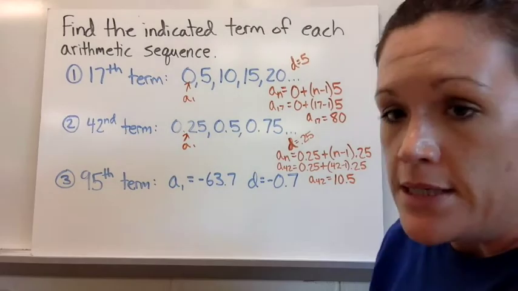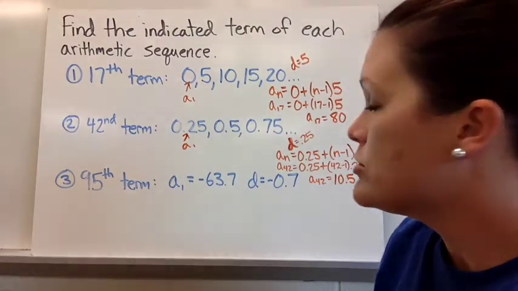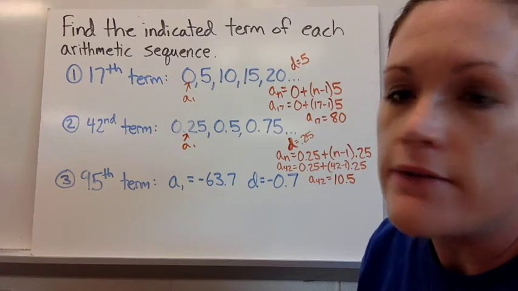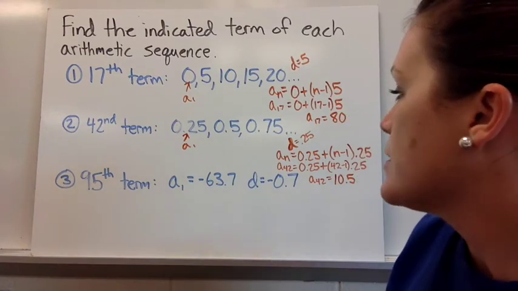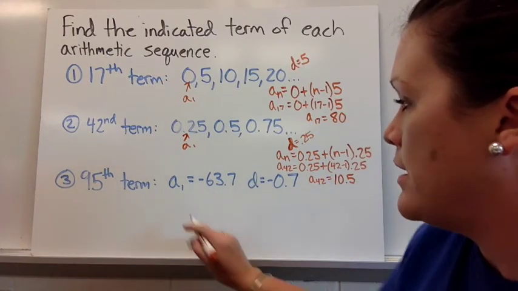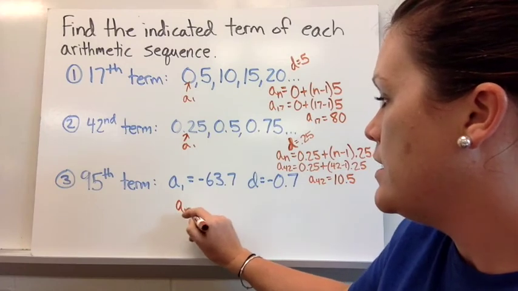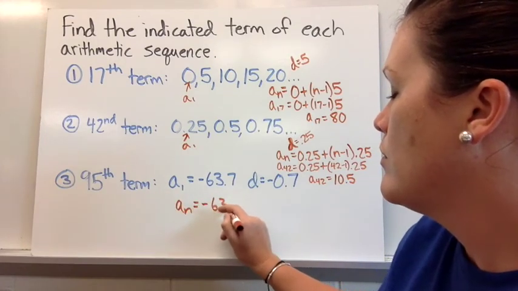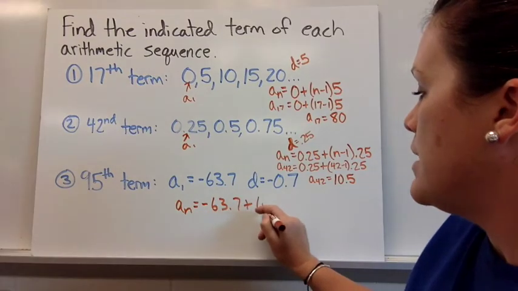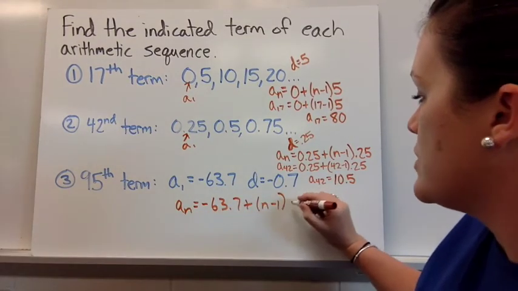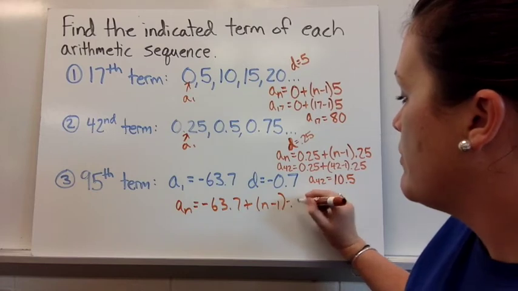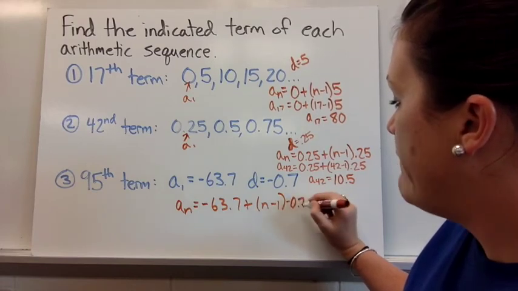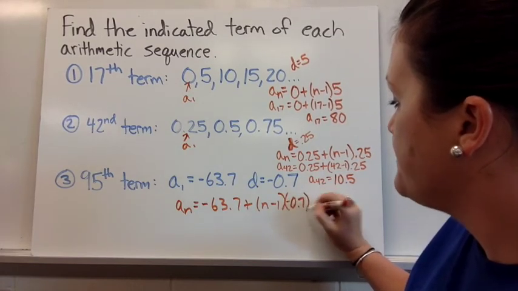So sometimes they could be decimals. Number 3, not 95. Let's look at this one. They gave us direct information this time, so I can fill in that the explicit formula would be the first term plus n minus 1 times the common difference, which is negative 0.7. So I'm multiplying that.